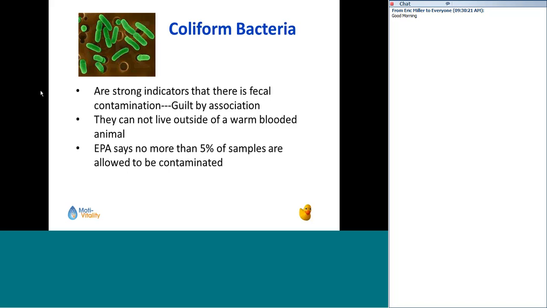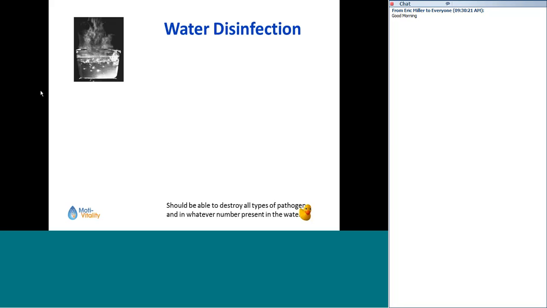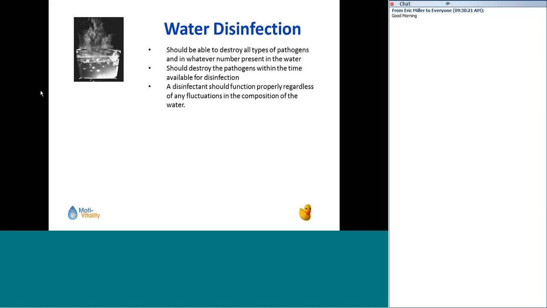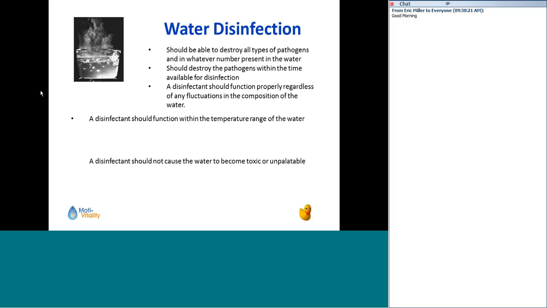Anyway, let's go to the next slide. So water disinfection should be able to destroy all types of pathogens in whatever number is present in the water. They should destroy pathogens within the time available for disinfection. A disinfectant should function properly regardless of any fluctuations in the composition of the water, and within the temperature range of the water.